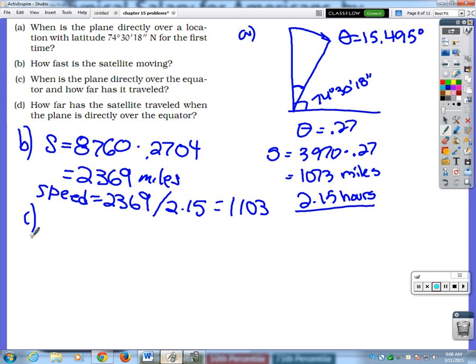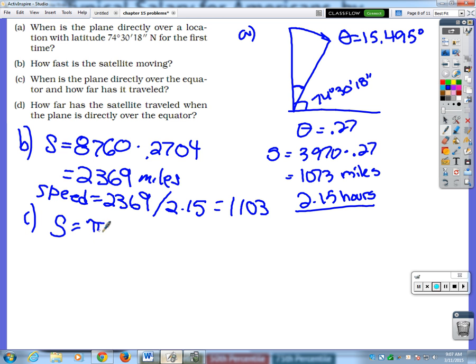Okay, part C: when is the plane directly over the equator and how far has it traveled? So what is the angle then? 90 degrees. So we know the angle in radians is, 90 degrees is what? Pi over 2.